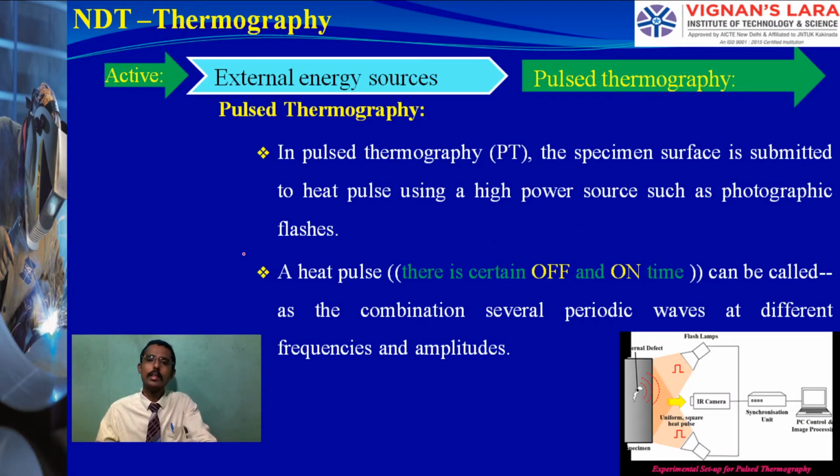Number one, pulsed thermography. The specimen surface is submitted to a heat pulse using heat power sources, which is easily understood. That is nothing but a photographic source or maybe halogen sources.